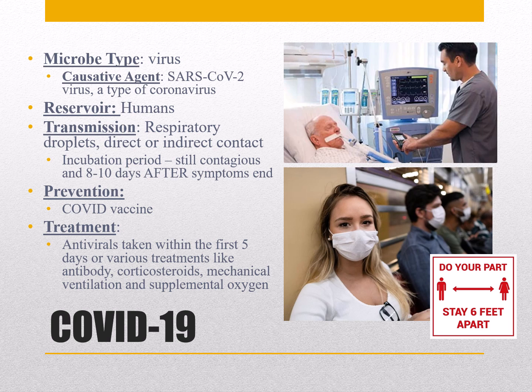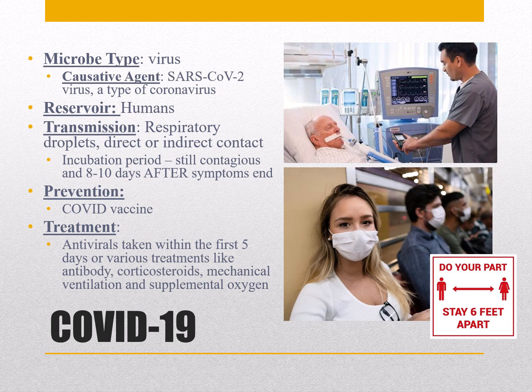Now, the microbe type for COVID was a virus. It is the SARS-CoV-2 virus, which is a type of coronavirus. Remember, coronaviruses are going to affect the head. The reservoir is humans. The transmission was respiratory droplets, direct and indirect contact, which made it very easy to transfer from person to person.